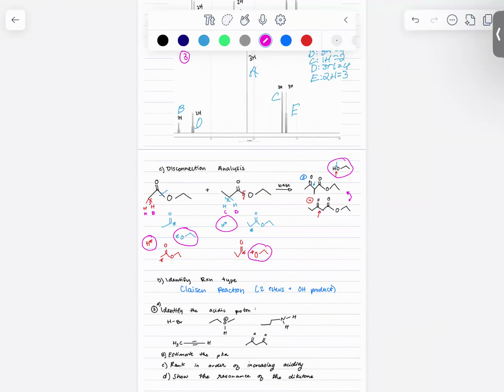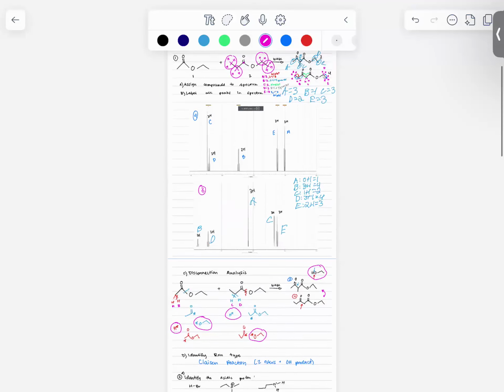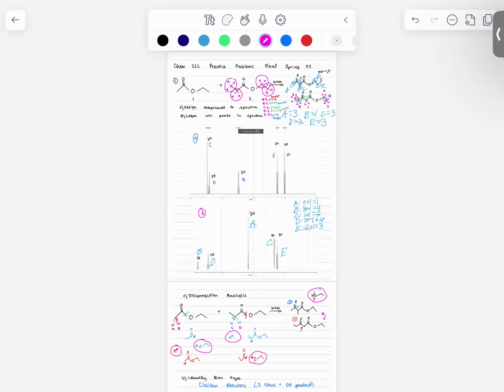So that is one big question, right? We had NMR, we had disconnection analysis, we had identifying the reaction type. Does that look similar to what you guys have had in other exams? Yeah, they're about the same.